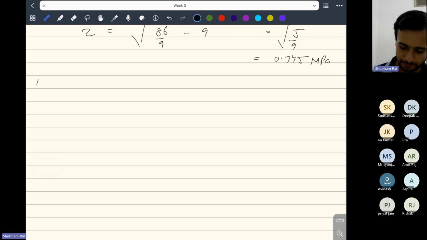So question 3. It says that let's say you have a plane passing through a point.